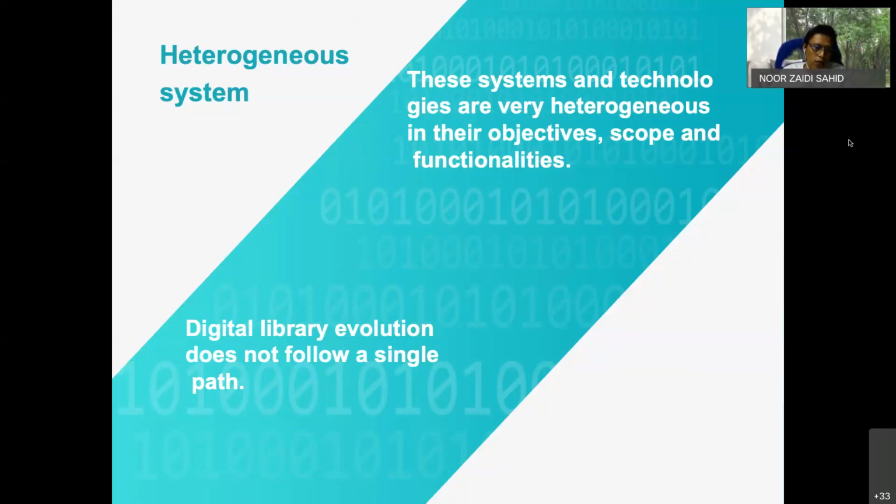Digital library evolution does not follow a single path. Why? Because of the heterogeneous systems just now.